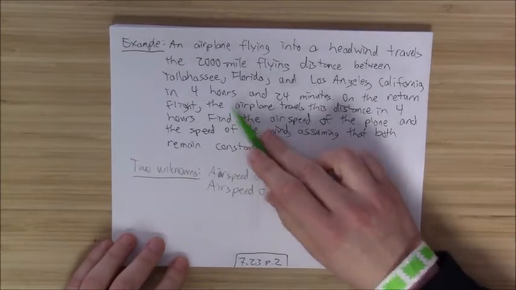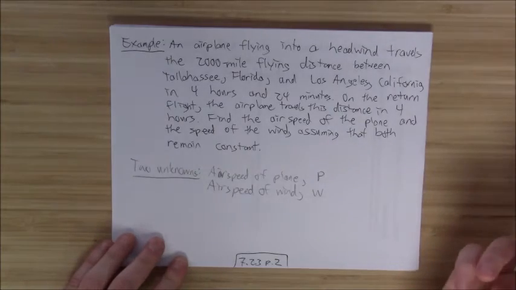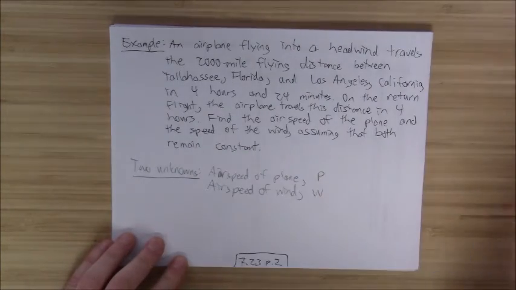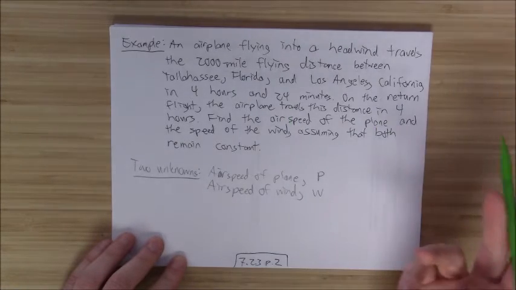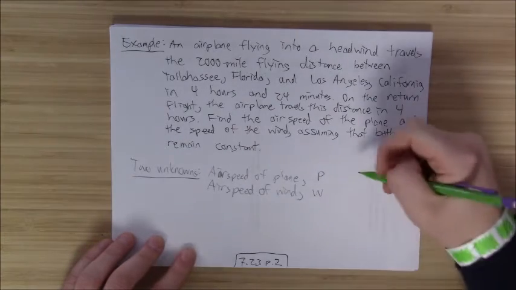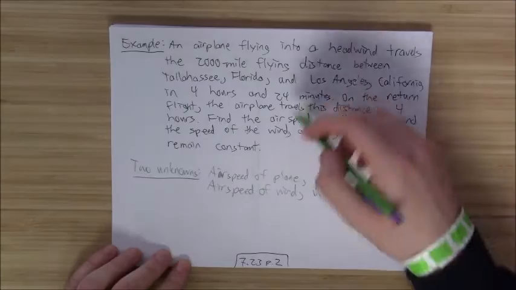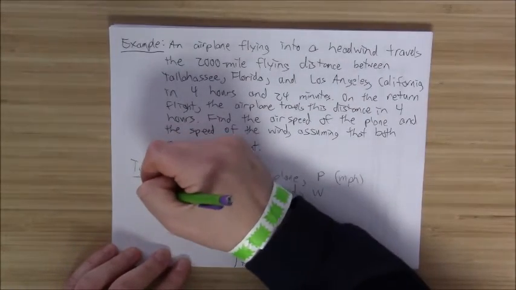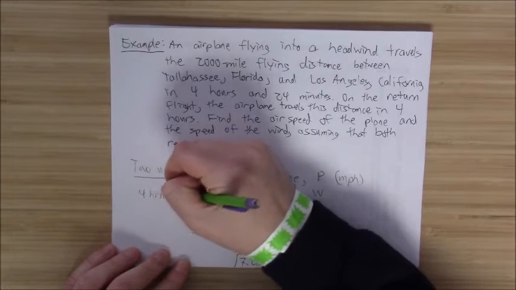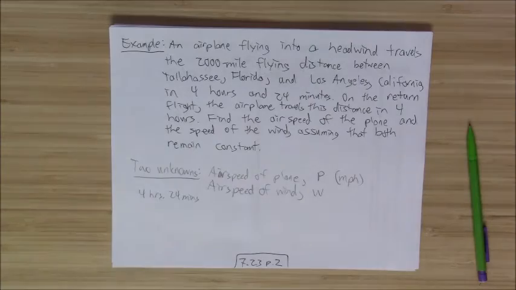So what does that tell us? It's a 2,000-mile flying distance. Let's do all of this in miles per hour. First, I'm going to convert some things. So 4 hours and 24 minutes, I want to write that in terms of hours first. That's going to be helpful.